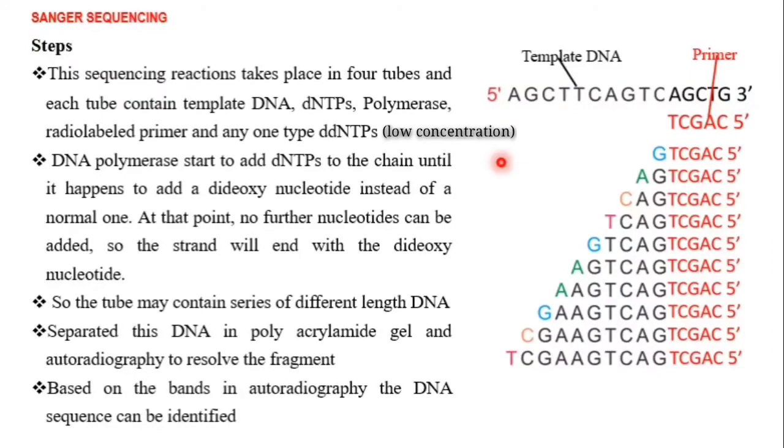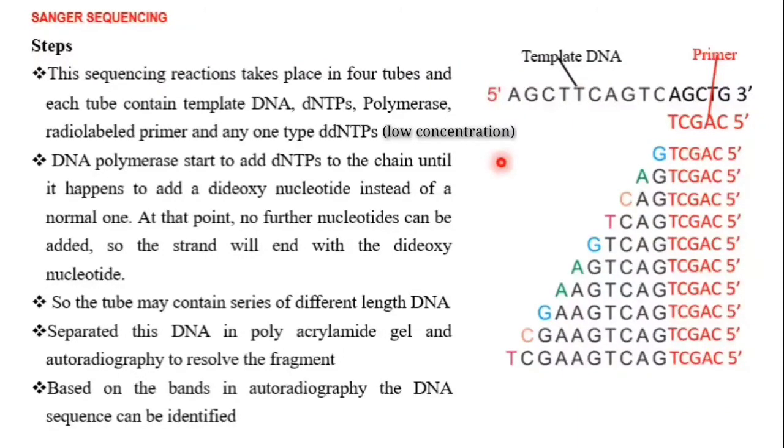The DNA polymerase starts to add dNTPs to the chain until it happens to add a dideoxynucleotide instead of a normal one. When we keep the reaction tubes for reaction, the polymerase continuously adds dNTPs into the chain until it adds a dideoxynucleotide.